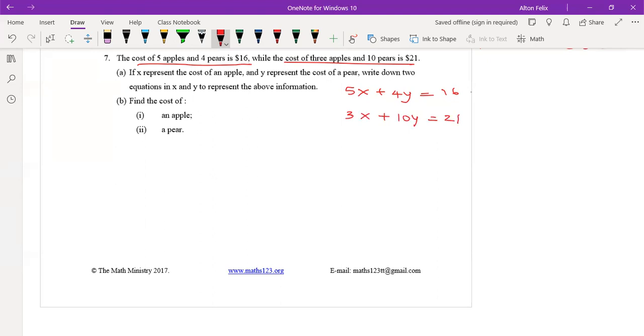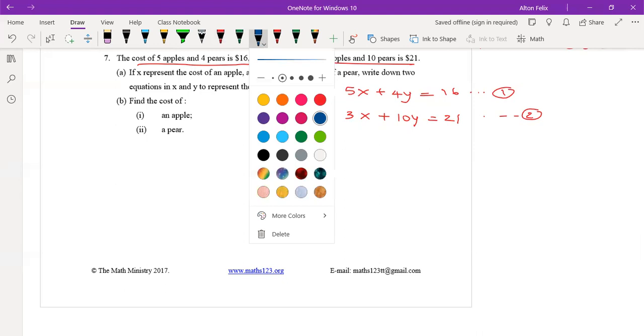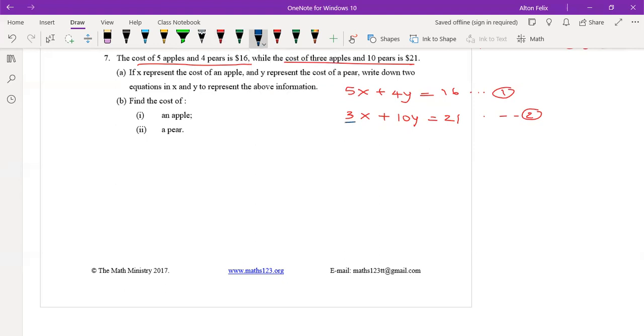Okay, so what do we do? Well, I like to use the elimination method here. It's easier. So let's get the coefficient of X to be the same. It's now 3 and 5, right? So we need them to be the same. Usually you just multiply throughout the equation by the coefficient of the other one. So if it is 5 here, we could multiply this one throughout by 3.